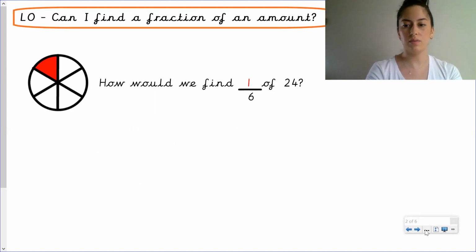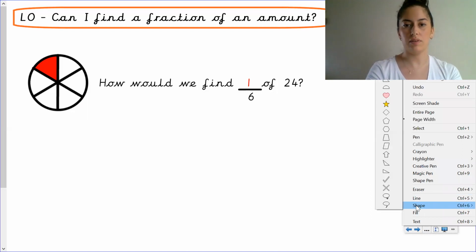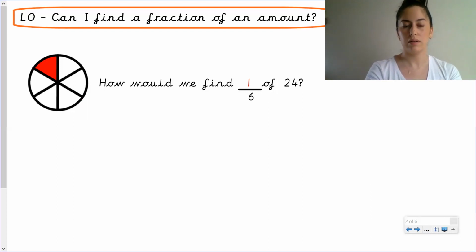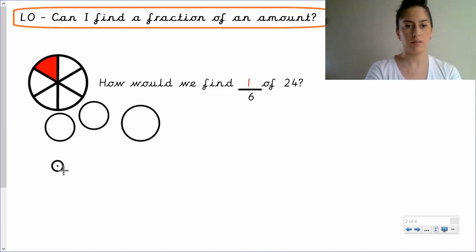So to find 1/6 of 24, how many equal groups will I have to divide 24 into? 6, because our whole is divided into 6 equal parts. 1, 2, I'll move that one in a second, 3, 4, 5, and 6.